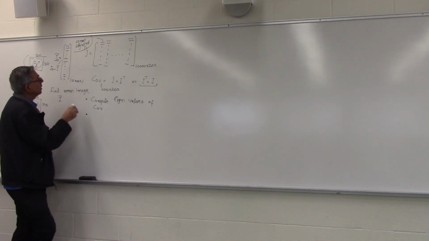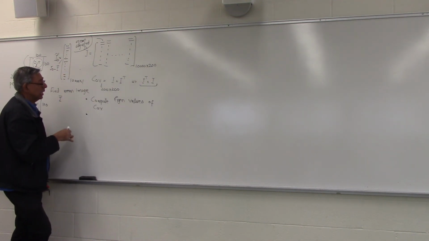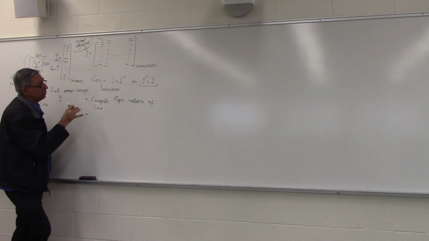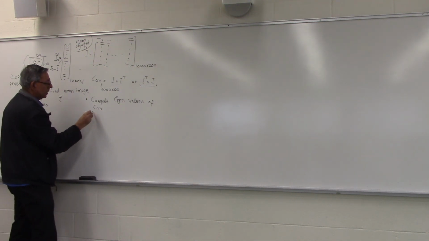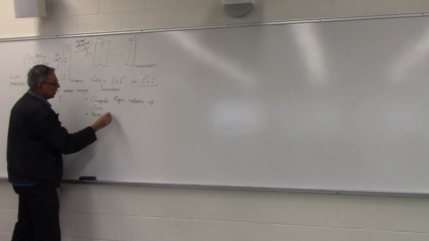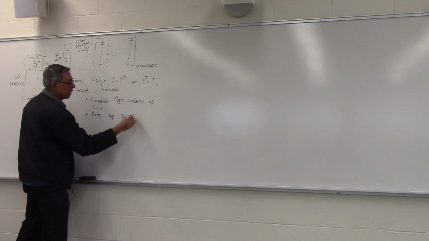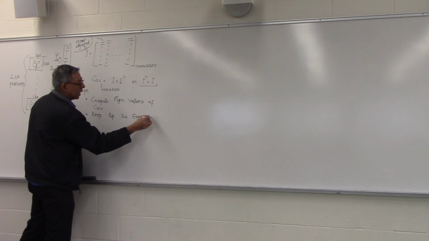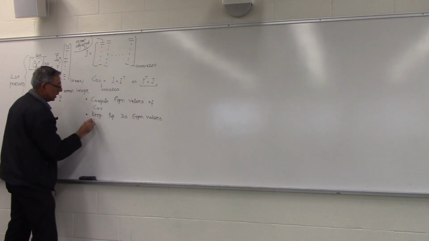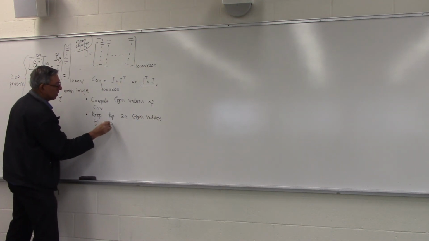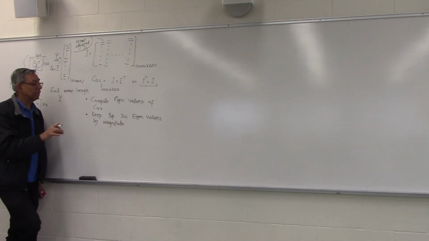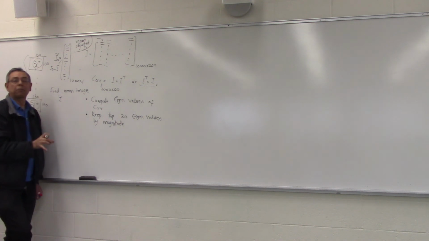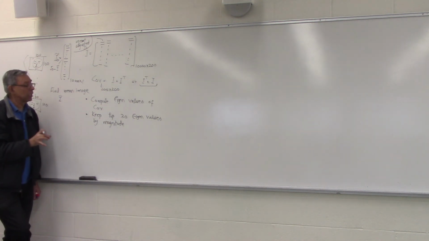But because our goal is to reduce the dimensionality, suppose we wanted to reduce it to only 30 dimensions, then keep the top 30 eigenvalues by magnitude. Meaning it doesn't matter whether it's a positive or negative eigenvalue, we are interested in the magnitude, right?